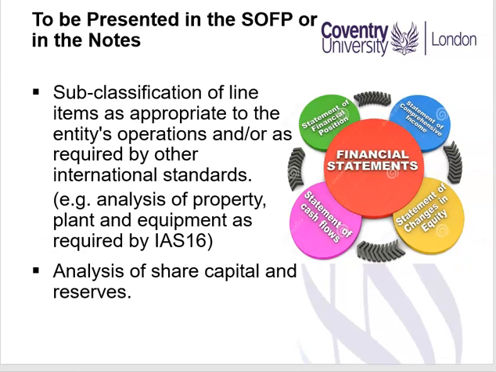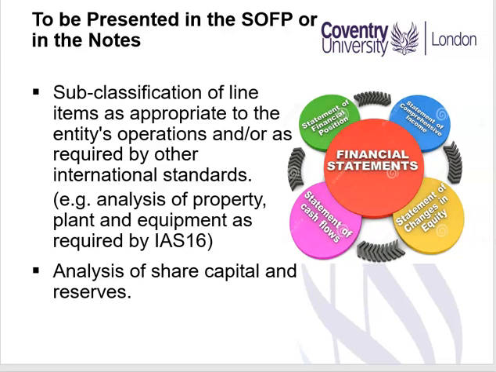There could be subclasses within each of these classes. So, subclassification of line items as appropriate to the entity's operation and or as required by other international standards. For example, the property, plant, and equipment could simply be left as one item, instead of showing them separately as plant, equipment, motor vehicles.